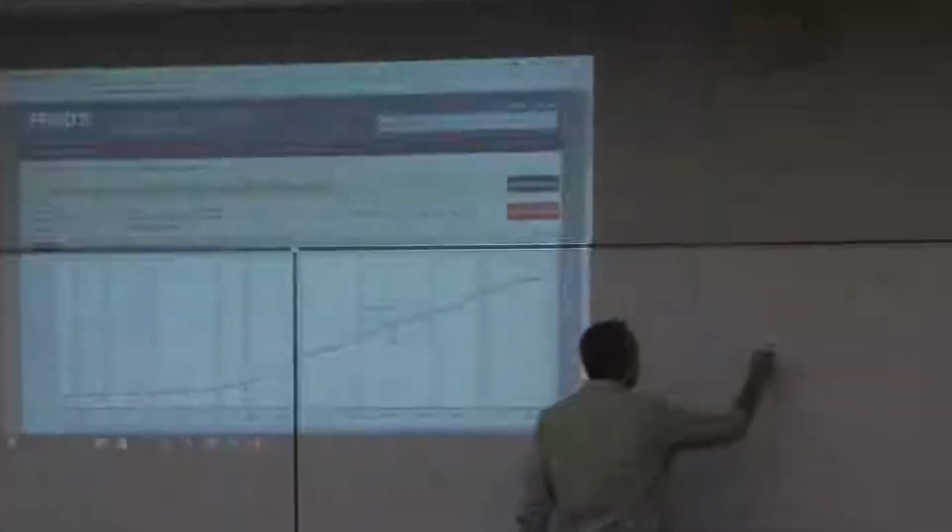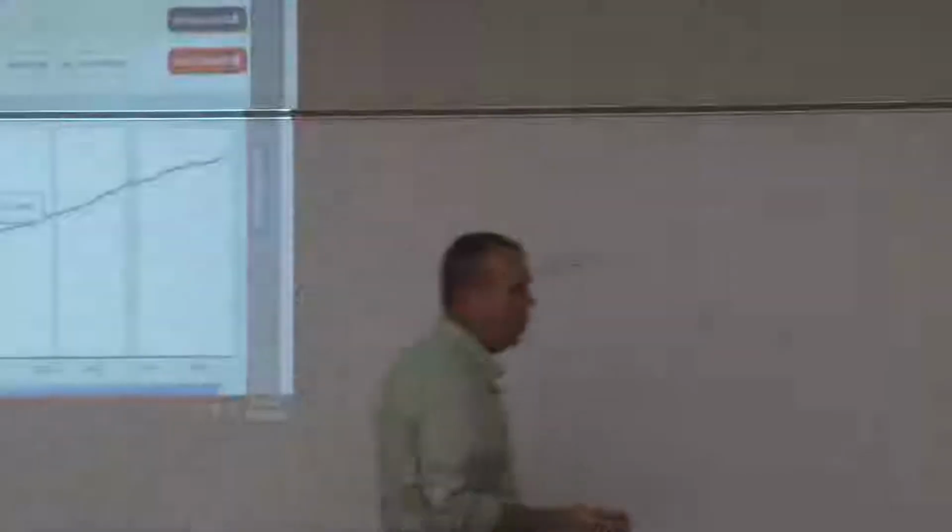So I don't own this home anymore, but the first home I ever bought was in August of 1997. 152.9. So here's the CPI. All right, and we know what today's is.